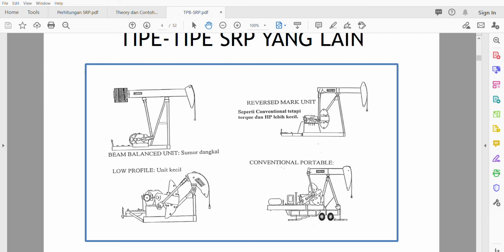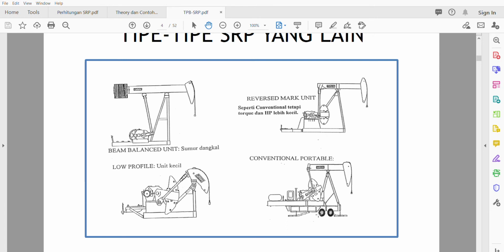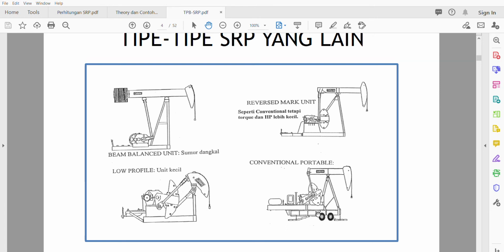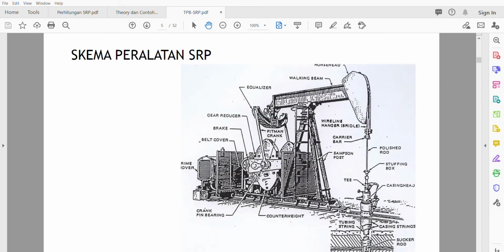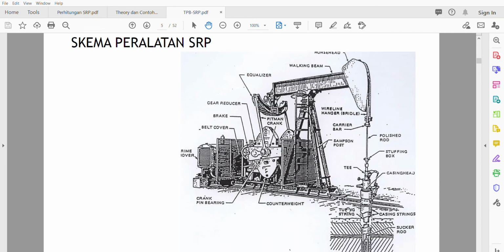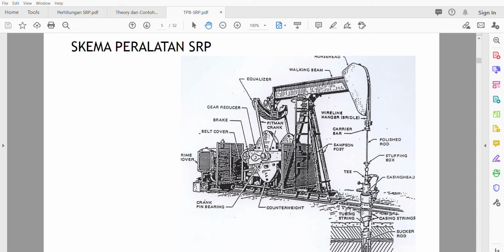Because of the portable, it is using a wheel here. Other cases might use a skid. And then this is the equipment on the surface.